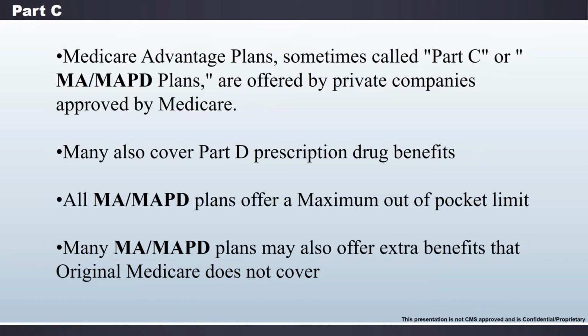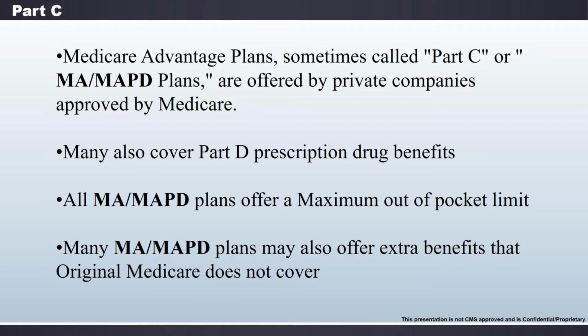So Part C, or the Medicare Advantage, is offered by a private company and approved by Medicare. It may or may not include prescription drug coverage, which we went over. If it's the HMO or PPO, you can get it with and without. The fee for service was the one exception that lets you get a standalone if it came without it.